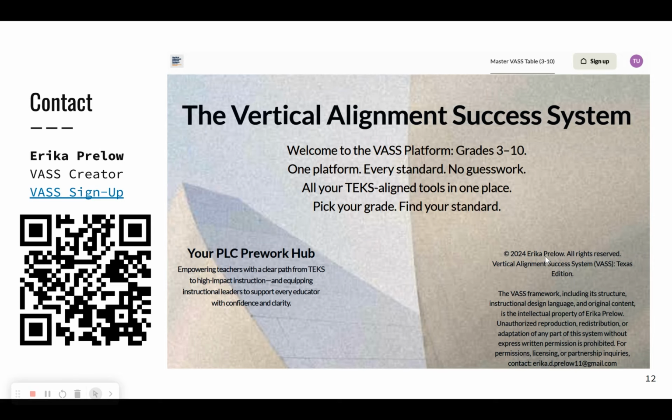Now this is your PLC pre-work hub. It is empowering teachers with a clear path from TEKS to high-impact instruction and equipping instructional leaders to support every educator with confidence and clarity.